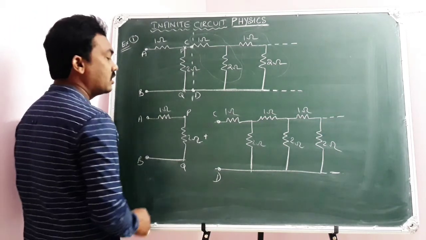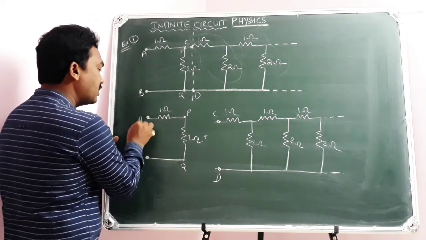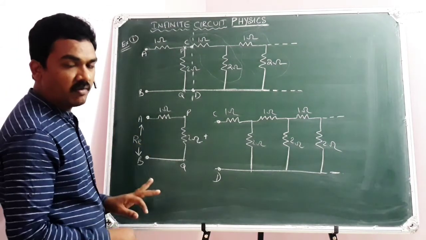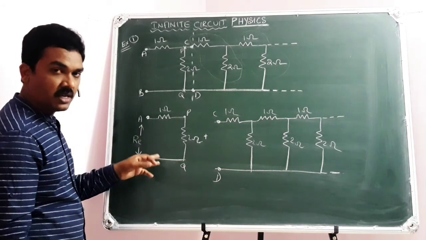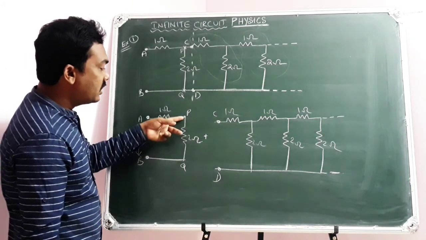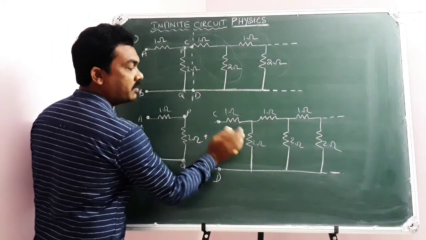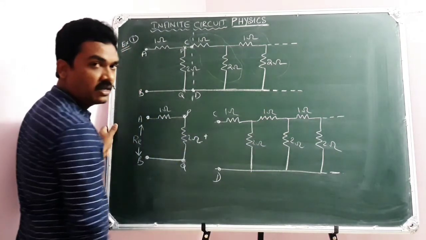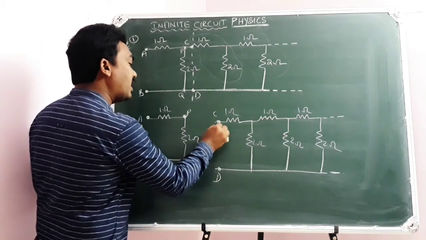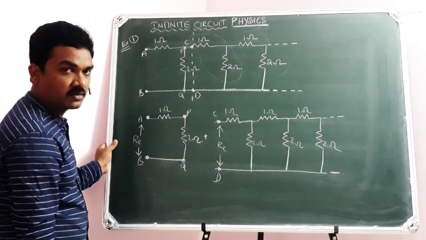So let us suppose the equivalent resistance across AB is some RE. If I suppose RE is the equivalent resistance across AB, which is to be calculated, then automatically this PQ is in combination with RE, because all of this can be replaced with RE, because the equivalent resistance across AB is nothing but the equivalent resistance across CD, since there is a combination of infinite resistors.